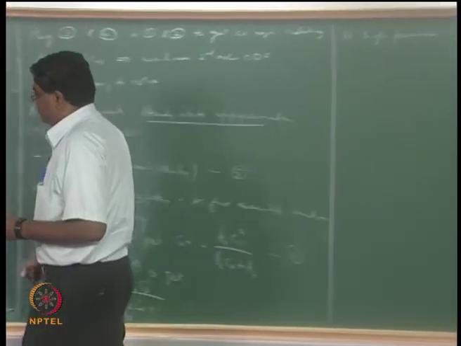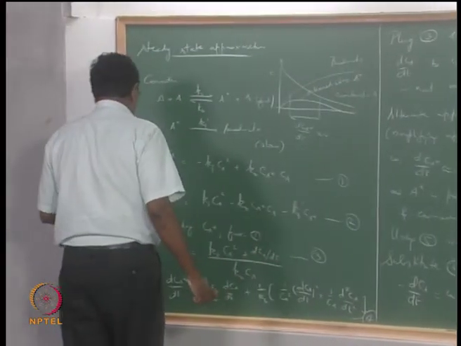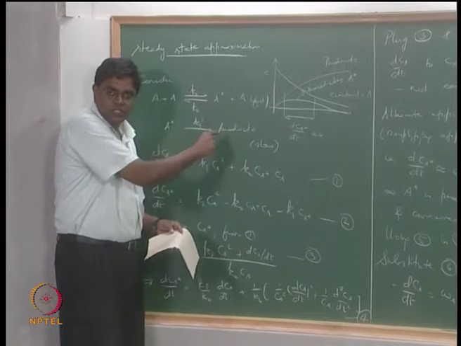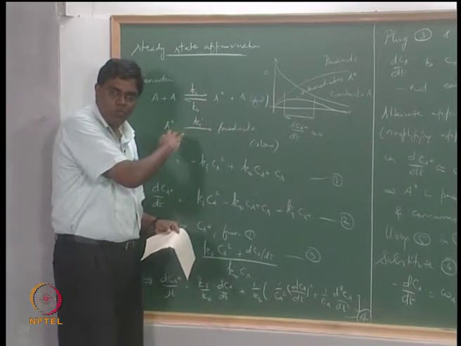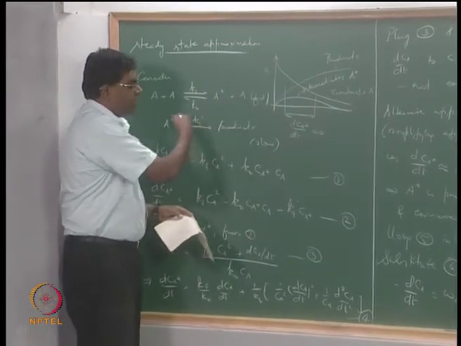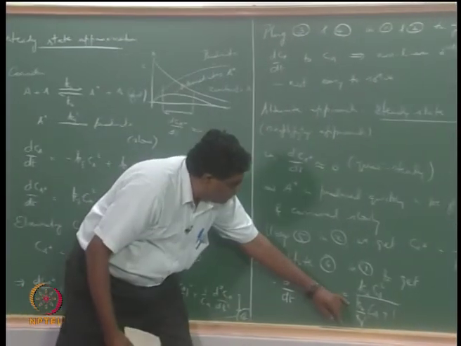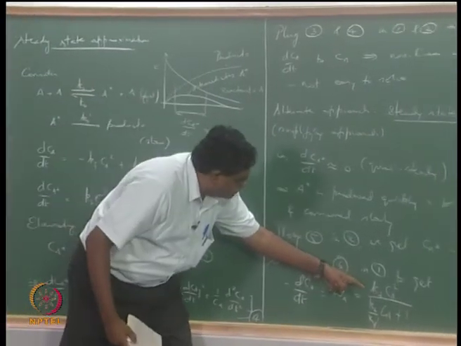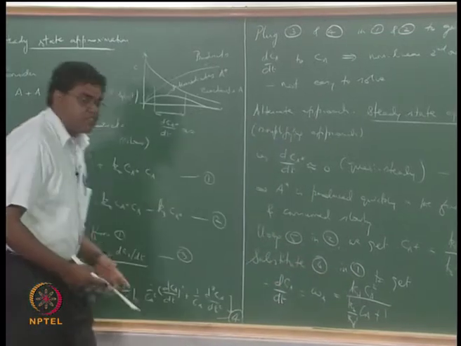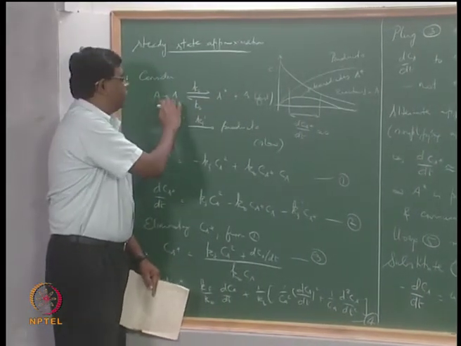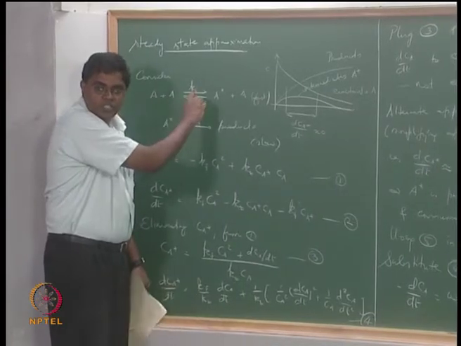Okay, so what you're saying is Kf prime is a unimolecular reaction, so it's going to go more as P, whereas this is the reverse reaction. Look at basically what's going on. The KF CA squared is coming from producing A star with the first forward reaction.